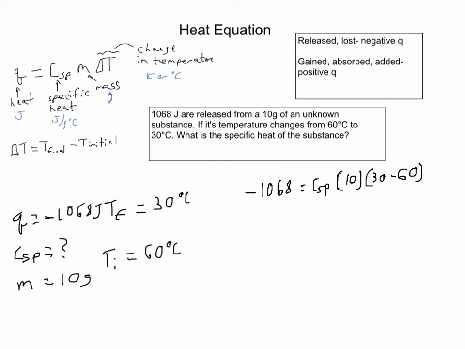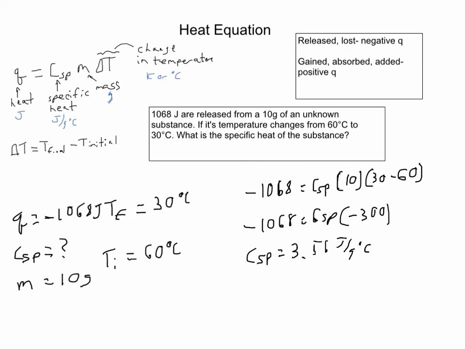We'll simplify this so we get negative 1068 equals CSP times 30 minus 60 is negative 30 times 10 is negative 300. Solve for CSP and we get 3.56 joules per gram degrees Celsius.